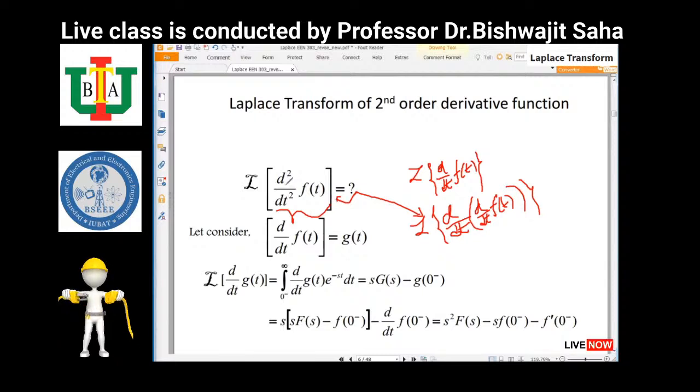Our target is to find the Laplace of d square by dt square f of t, right? We have broken this part into d by dt and d by dt f of t.